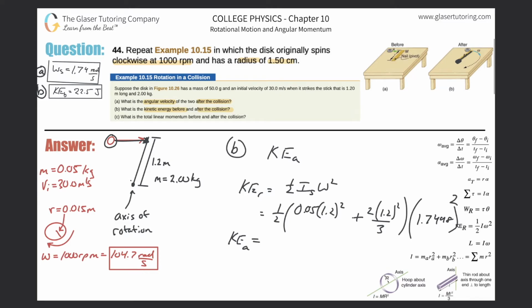See, I almost made a silly mistake. Times 1.7448 squared. And we get about 1.57 here, and that's going to be in joules. Okay, let me make that a little neater. 1.57 joules.